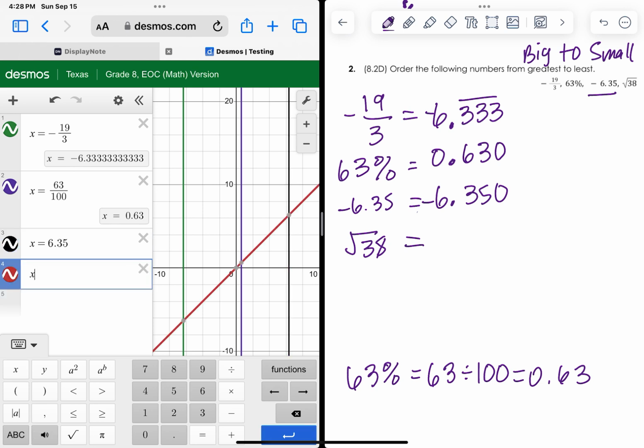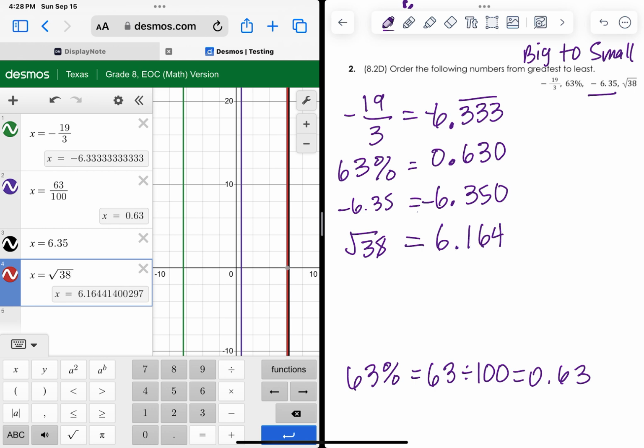Enter x equals square root of 38, which gives me 6.164.